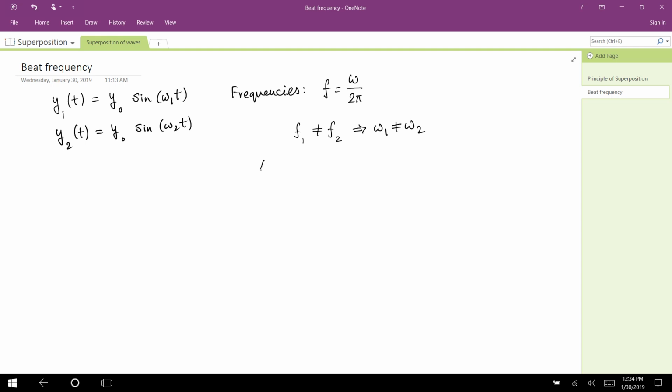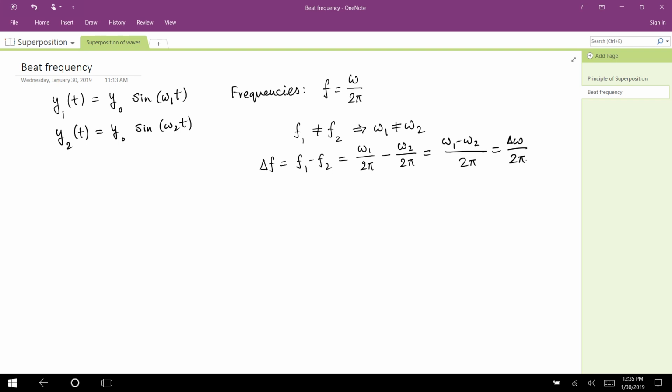Okay, so we'll talk about the difference in frequencies, delta f, which is equal to f1 minus f2, and this is related to omega 1 minus omega 2 because I can just plug in f1 equals omega 1 over 2 pi and f2 equals omega 2 over 2 pi. So I get omega 1 minus omega 2 over 2 pi. So this is equal to delta omega over 2 pi.